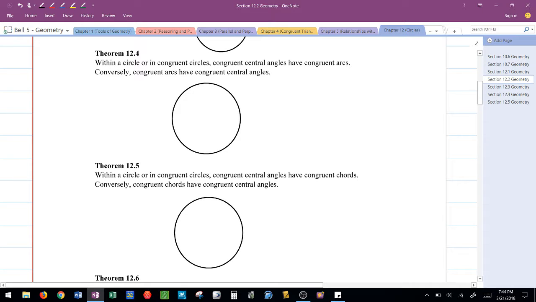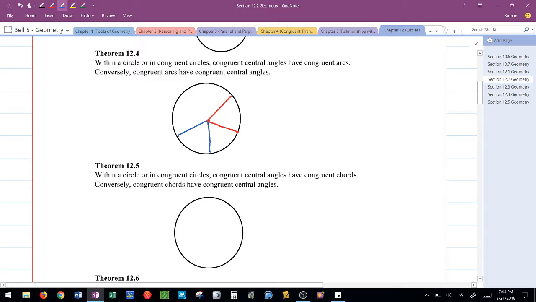For example, Theorem 12.4 says within a circle or congruent circles, congruent central angles have congruent arcs. So let's start right there. Let's say that I have this central angle in this particular circle, and I have another central angle in this circle that forms something like this.